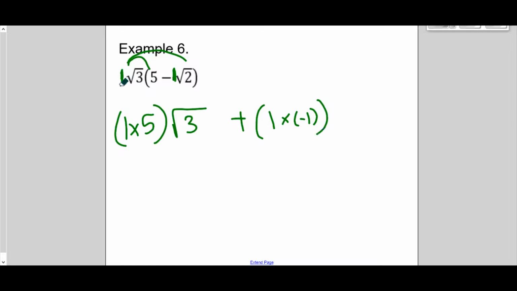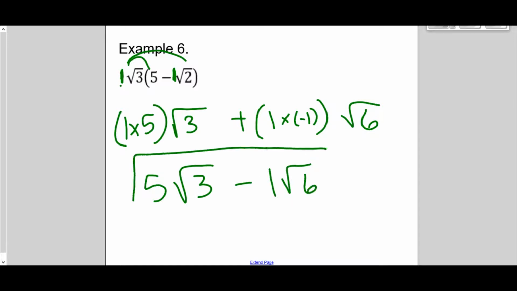So the number's outside, and then the number's inside. So 3 times 2 gets you 6. And then I'm just going to simplify this. 1 times 5 is 5, square root of 3. 1 times negative 1 is negative 1, so this will be negative 1, square root of 6. And you can't combine those. They are not like terms because your radicals don't match, so you're just going to leave this as your answer.